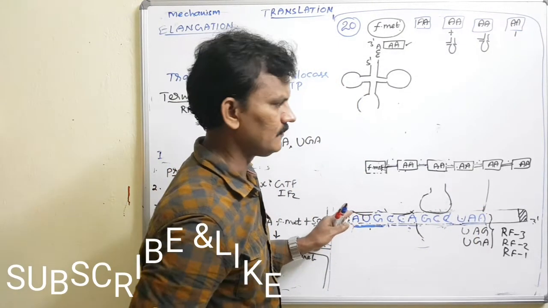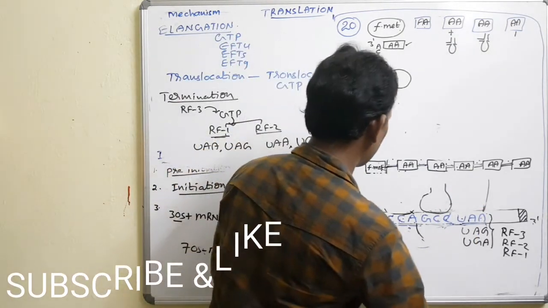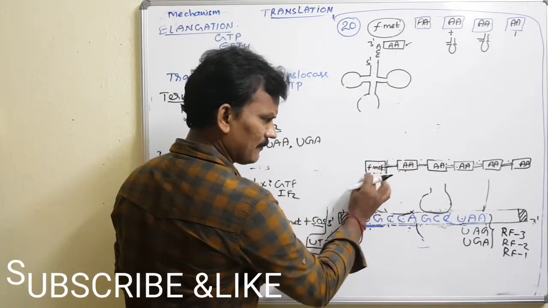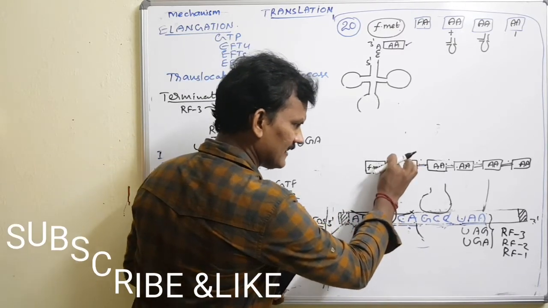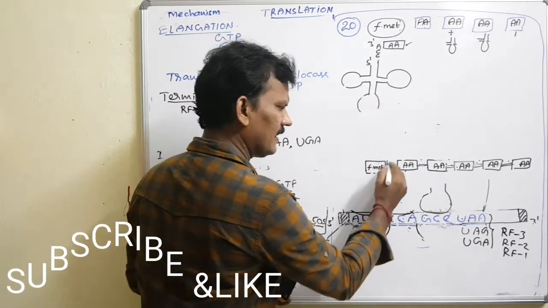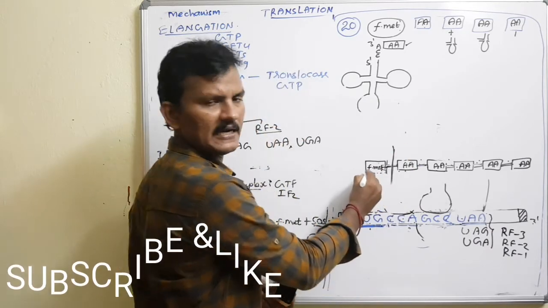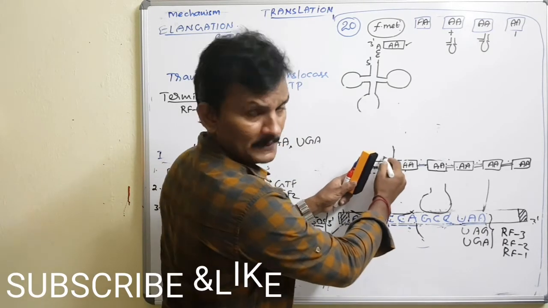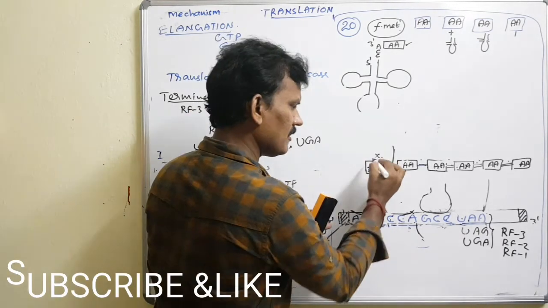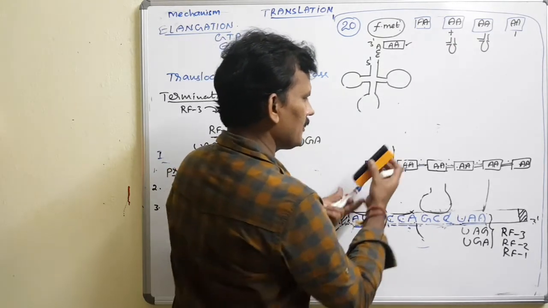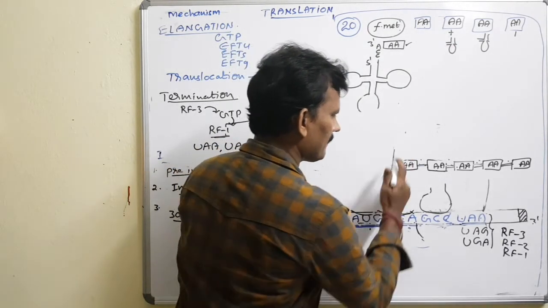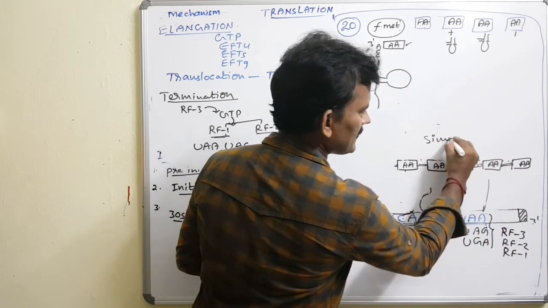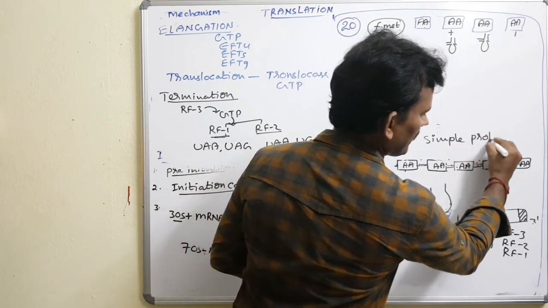After that, the fMet gets separated, removed or deformylated by the aminopeptidase enzyme. The polypeptide having only peptide bonds is called a simple protein.